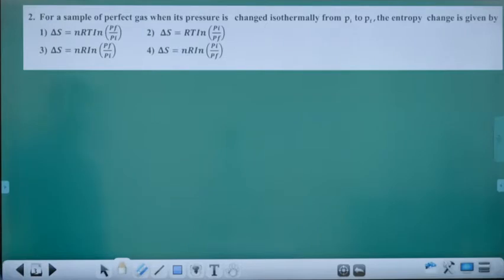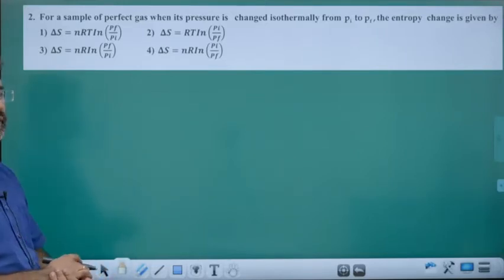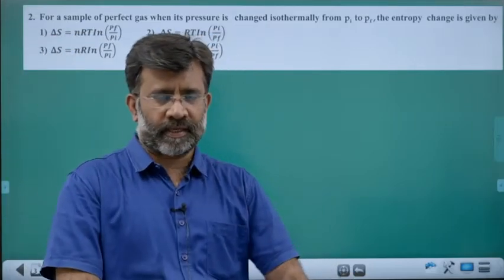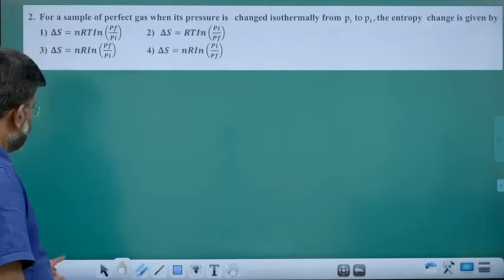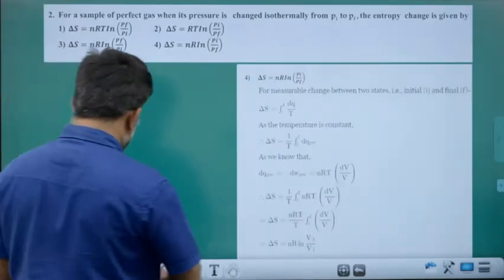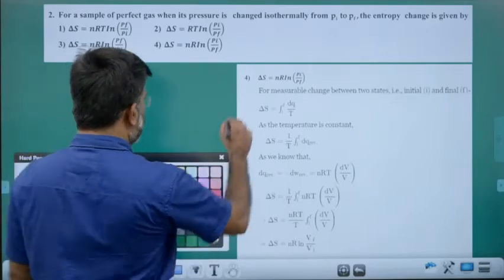For a sample of perfect gas, when its pressure is changed isothermally from P initial to P final, the entropy change is given by an entropy equation you might have seen, which is derived as follows. You will get the fourth choice as the correct answer.